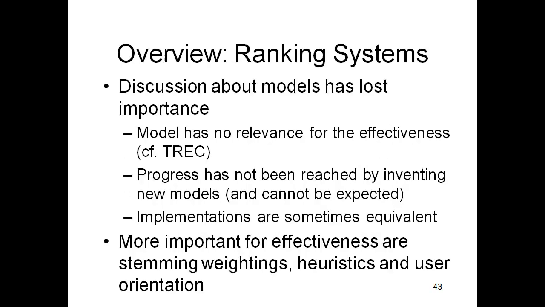Discussion about models has lost its importance. Nowadays, we assume that it's not the model that's really important, but all these heuristic components that we have. We had stemming rules now. We had stop word lists. For each stop word list, I might get a different result. We have our heuristics, we have weightings. Do we use TF? Do we use IDF? How do we use it? Do we use a logarithm?